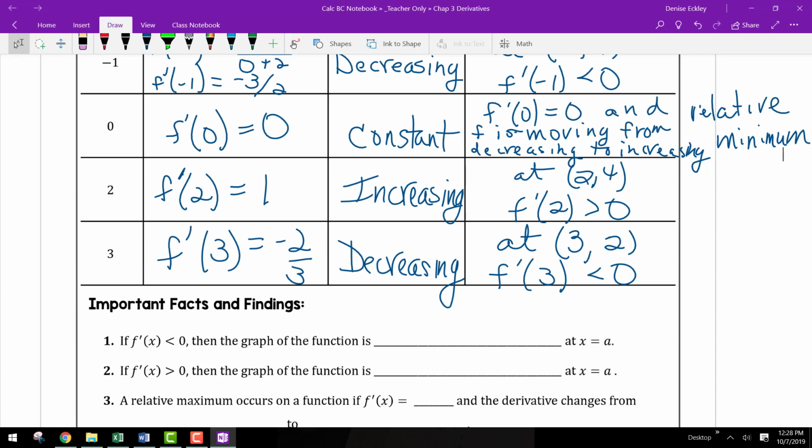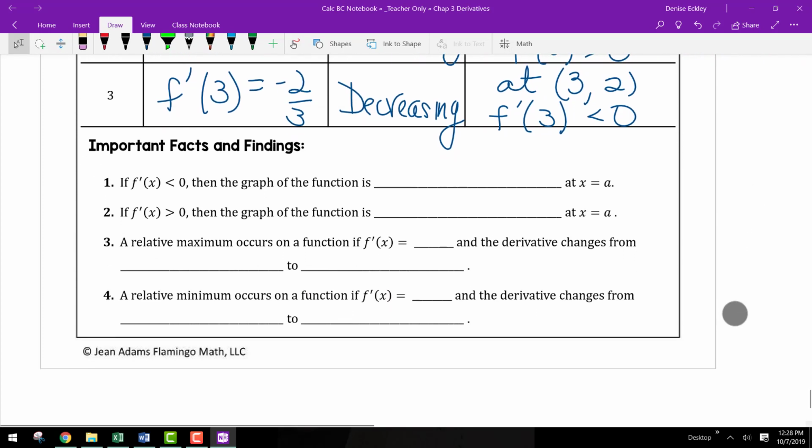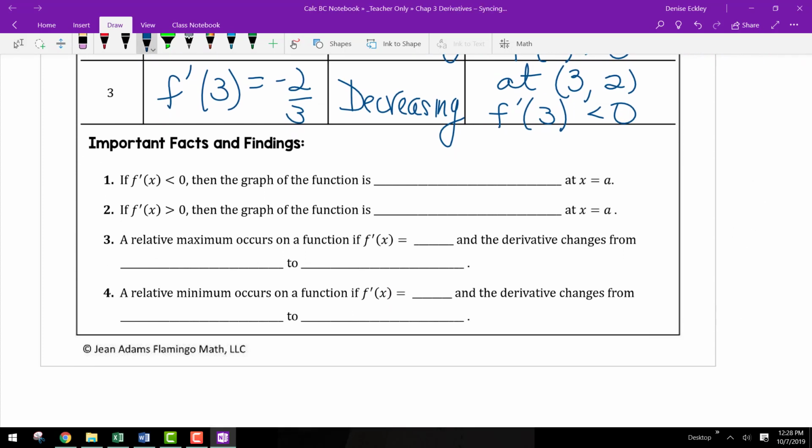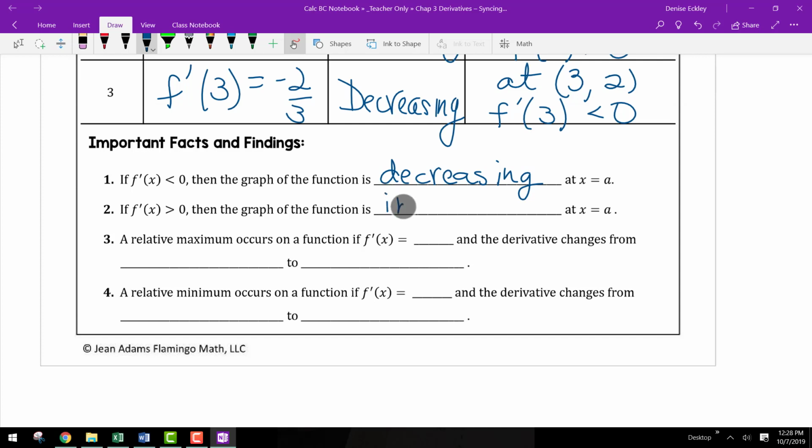All right, so let's summarize our important facts and findings for this section. If f prime of x is less than 0, then the graph of the function is decreasing at x equals a. If f prime of a is greater than 0, then the graph of the function is increasing at x equals a.